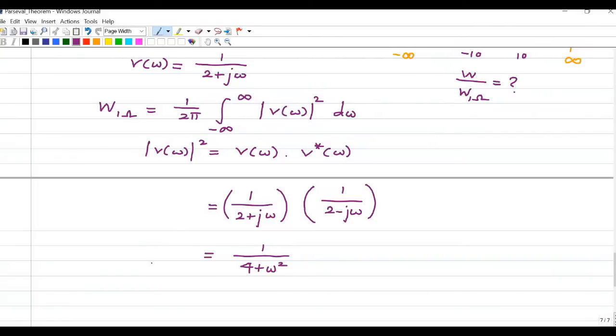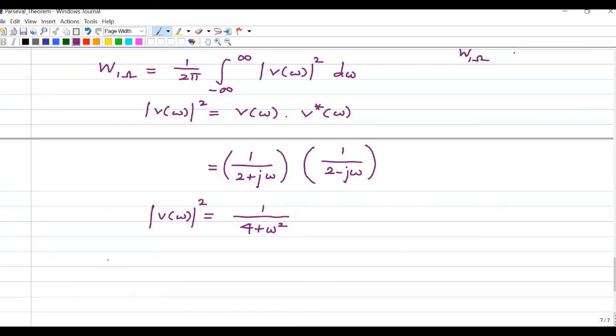Is it correct? This 1 ohm indicates the resistance value is 1 ohm. Otherwise, for example, if the same problem is for 10 ohms, since this is a voltage equation, I will be dividing this by 10. That's the difference.